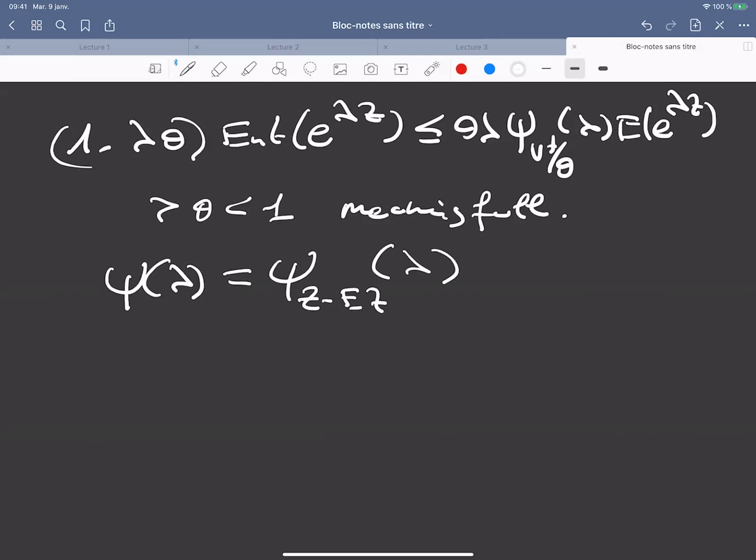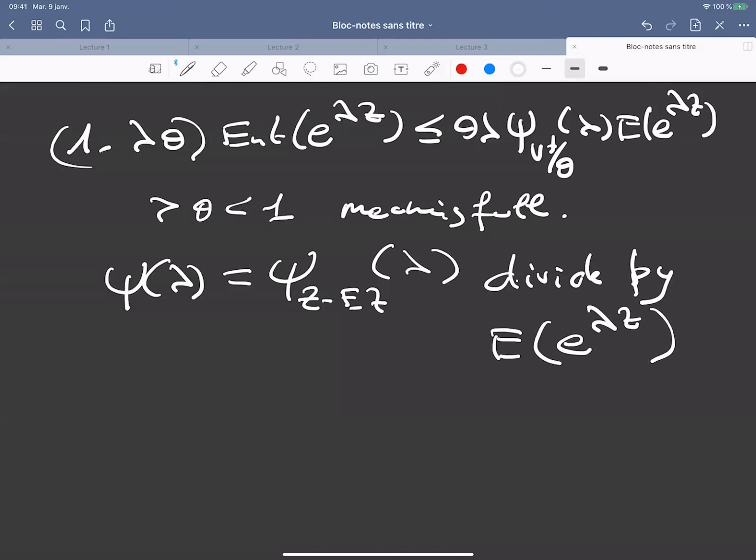We center the variable first, and we divide by the expectation of exponential lambda z.